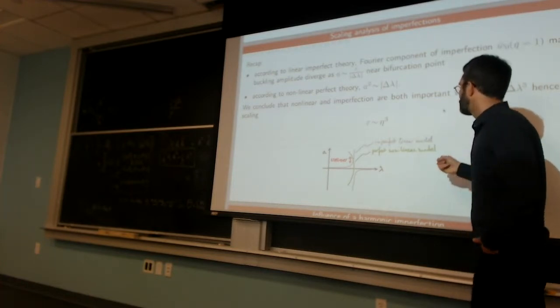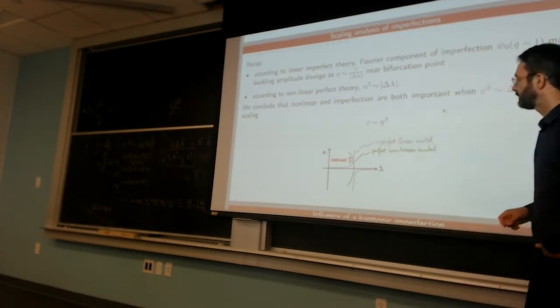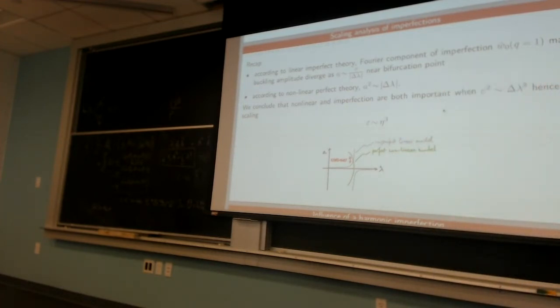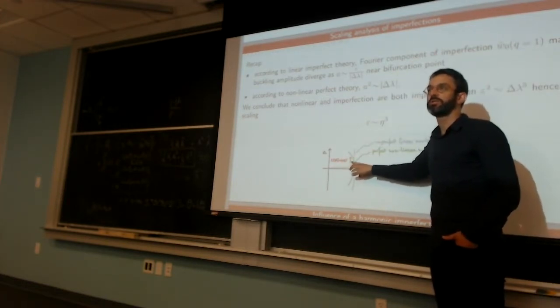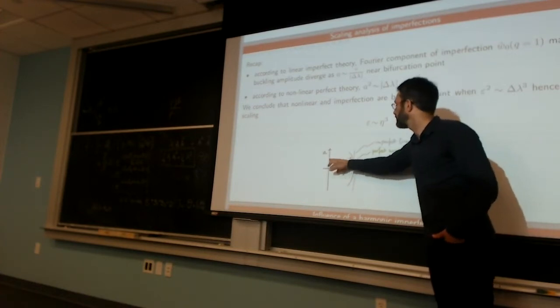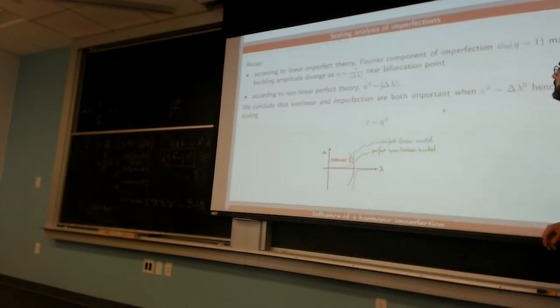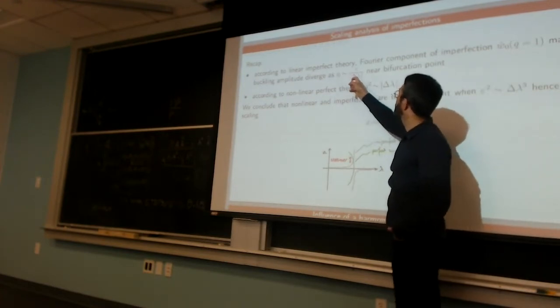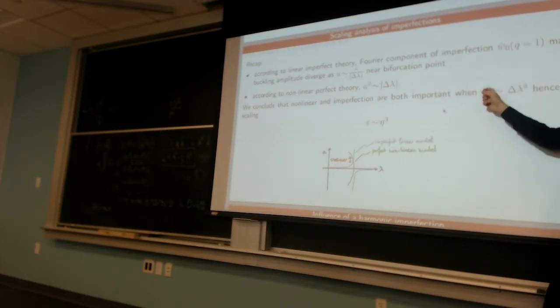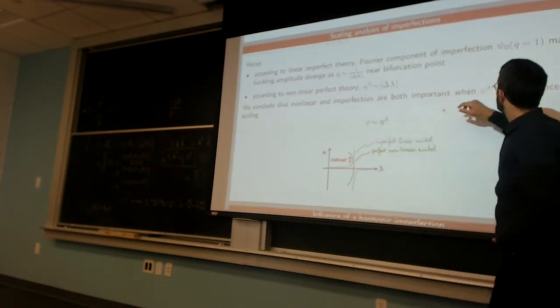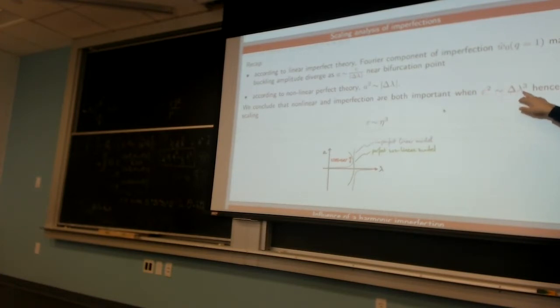So we will have to include both the nonlinearity and the imperfection. But the point is that if you know these two things, you can easily get a sense of what are the orders of magnitude of the various quantities in this region of overlap. So if you combine the scalings that you get here for one theory and here for the other theory, you find this just by eliminating A. Okay? So you find that the typical load range where the imperfection is going to induce nonlinear effects is given by that.